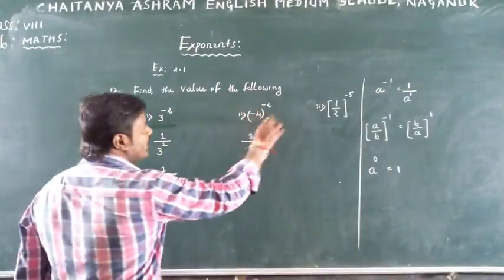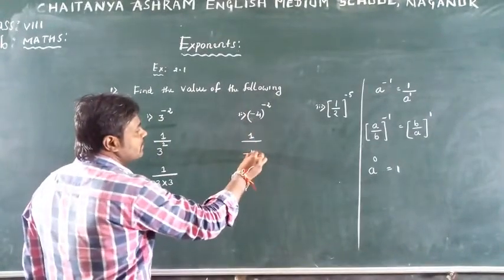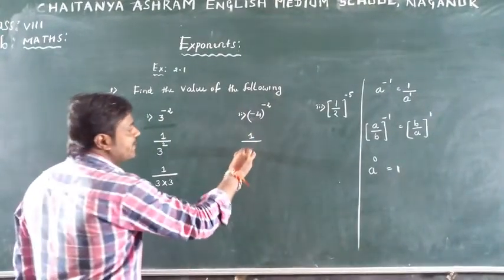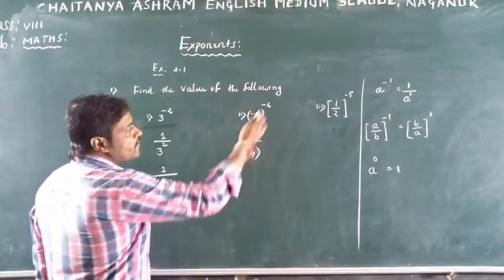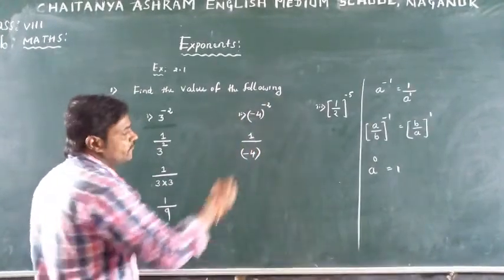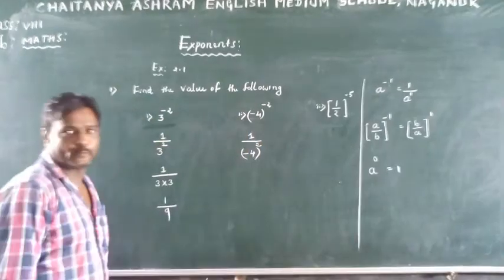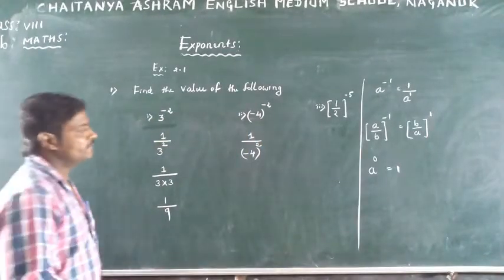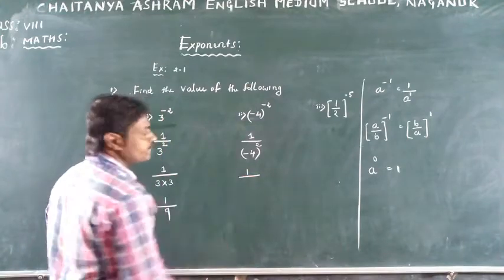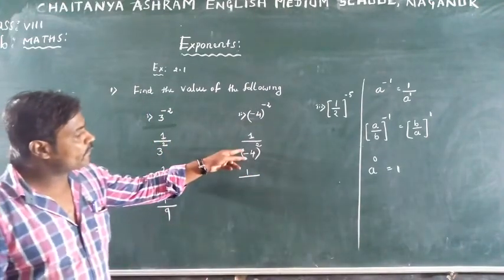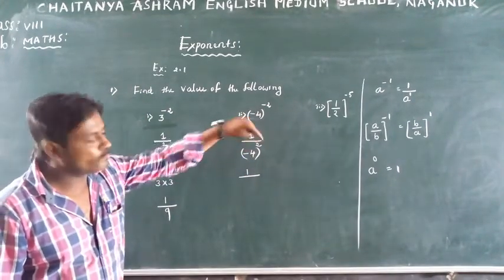So what is the whole thing? Minus 4 raised to the power, don't write minus 2, write its power as plus 2. Clear? Then 1 divided by minus 4 raised to the power 2.